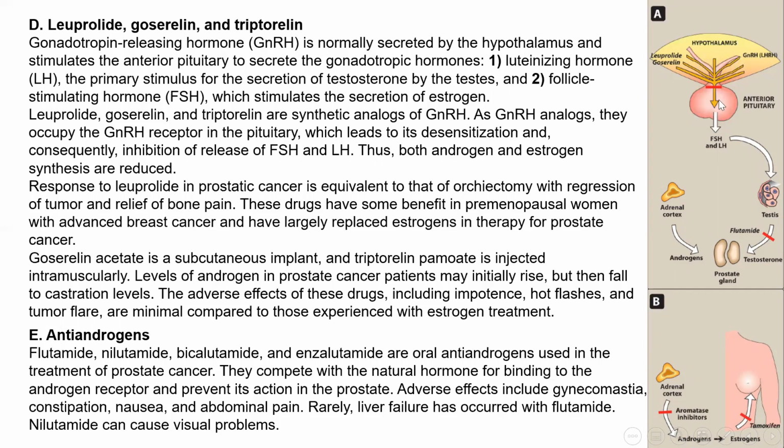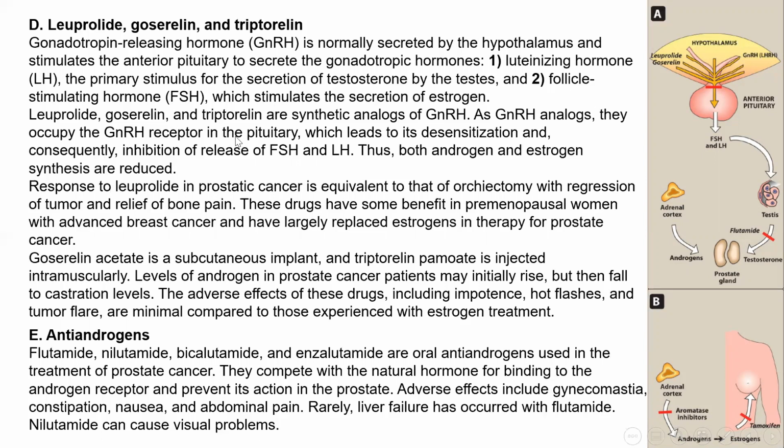Mainly, we have two major hormones, luteinizing hormone, LH, and follicle stimulating hormone, FSH. LH is an important stimulus for secretion of testosterone by the testes, while FSH stimulates the secretion of estrogen.